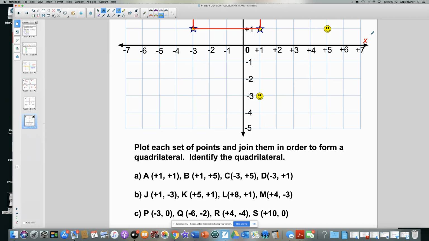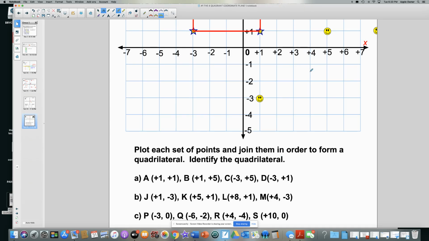So I should be over here a little bit. And M is +4, -3. And what we get actually looks like a parallelogram. So we'll connect those up. And we should be in decent position as we come across.